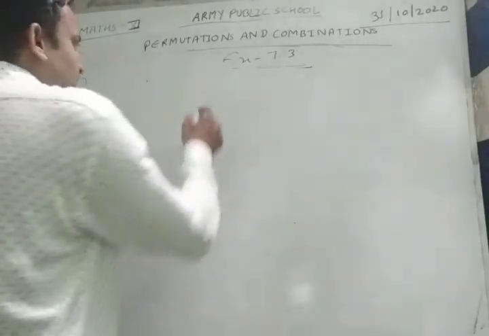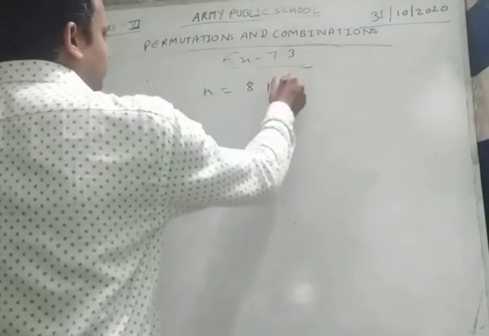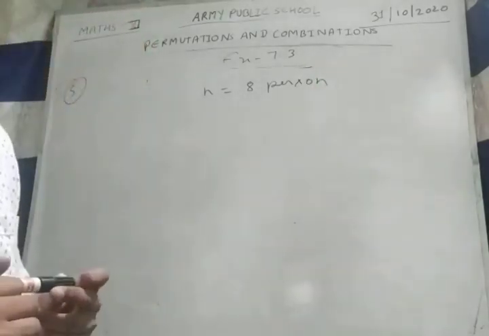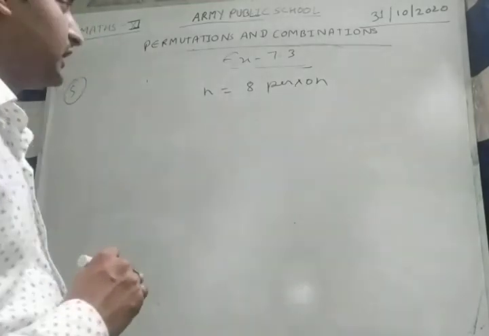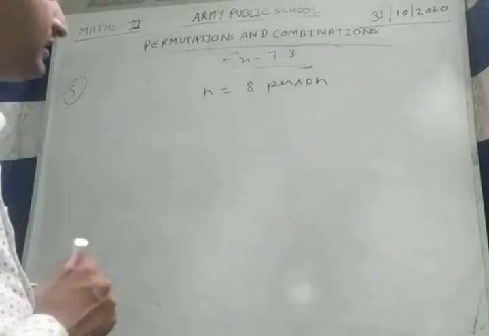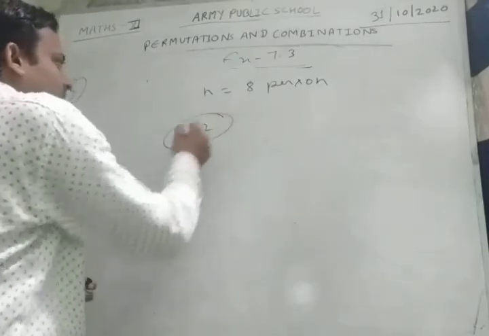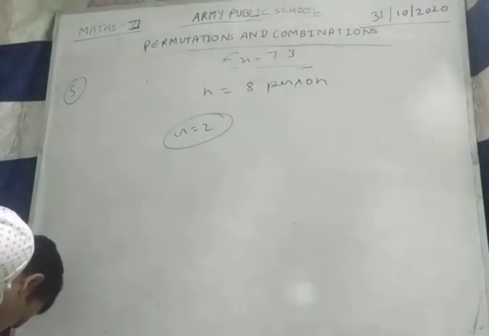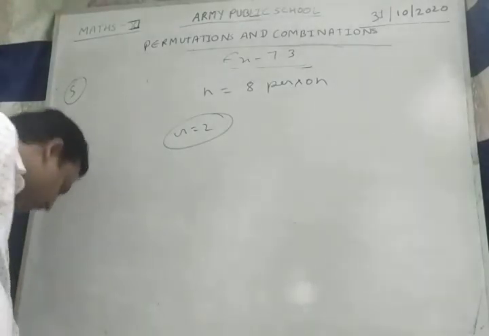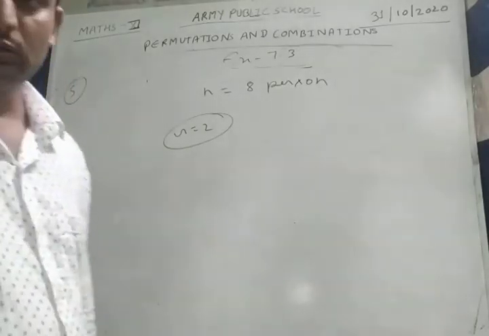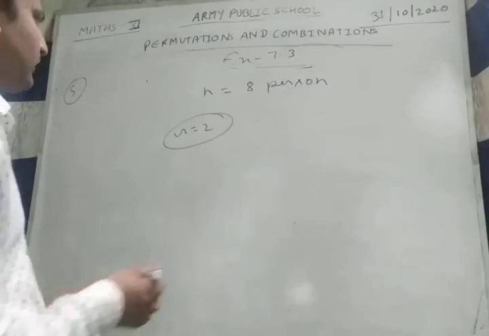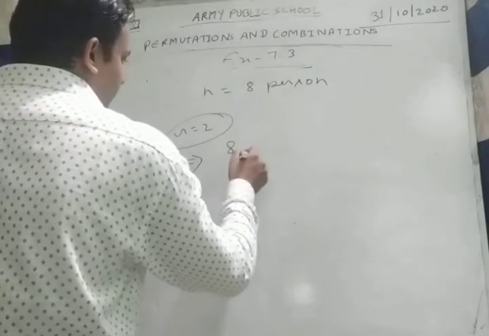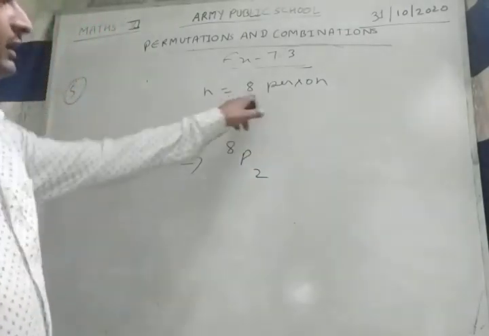We are given the total number, 8 persons, and we have to select a chairman and a vice chairman, which means we have to select 2 persons from 8 persons, and the condition is that one person cannot hold more than one position. So we are selecting 2 persons from 8 persons.